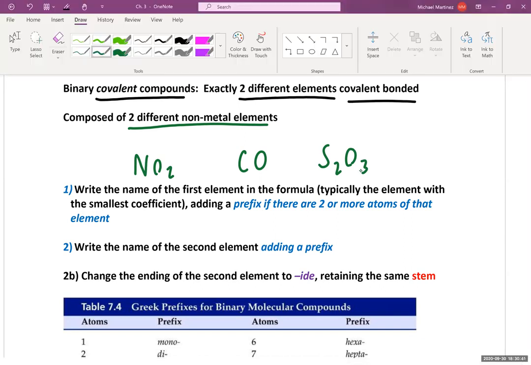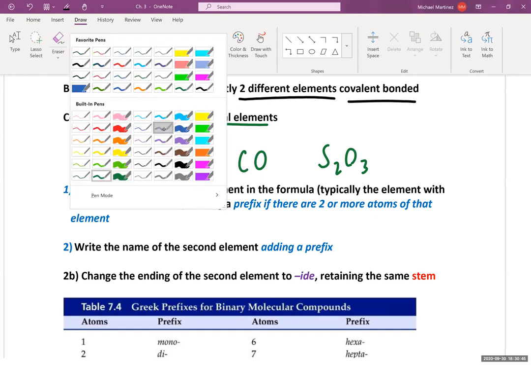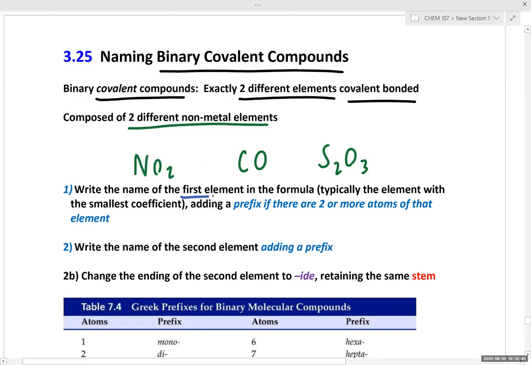So let's talk about the naming rules. You write the name of the first element in the formula and you add a prefix if there are 2 or more atoms of that element. Then you write the name of the second element and you always add the prefix to the second element.